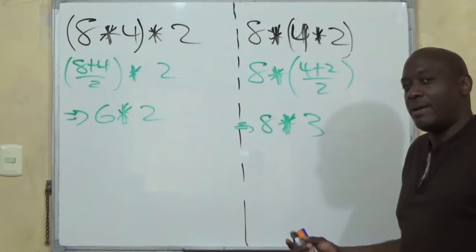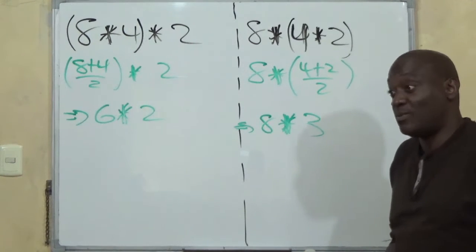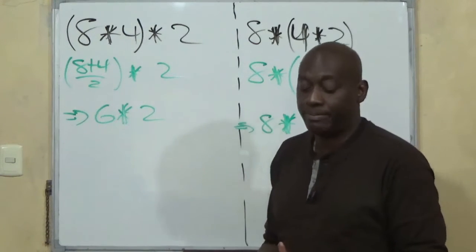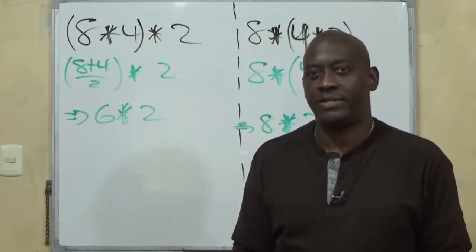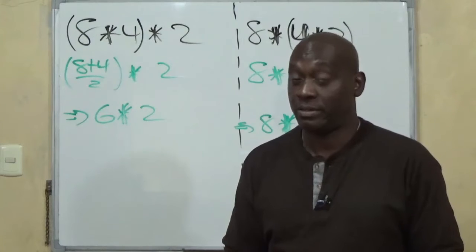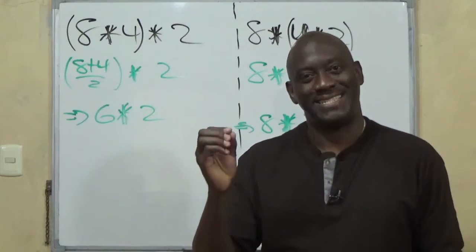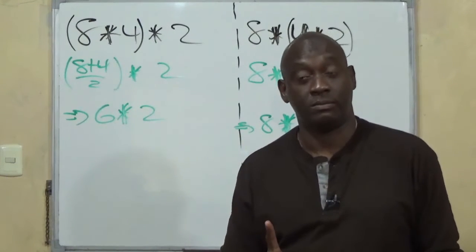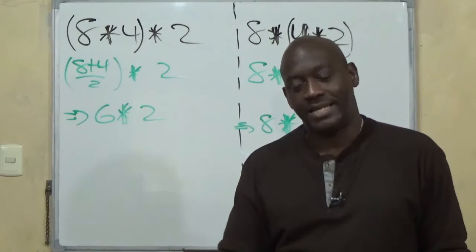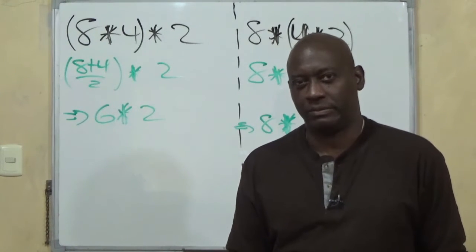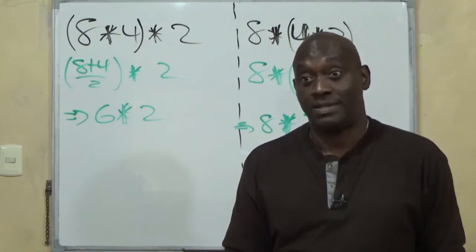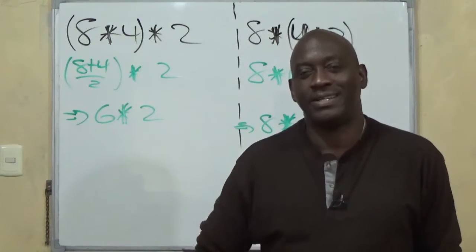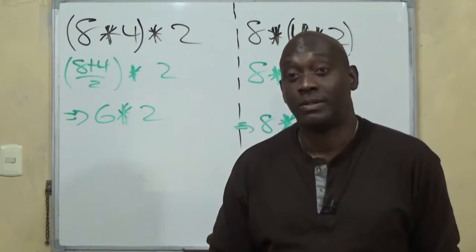Now there may be specific instances where it might end up being the same, right? In fact, if you sit down and you give it enough thought, you could actually design an operation that ends up being associative, right? But that will be so because you specifically decided to make it so.